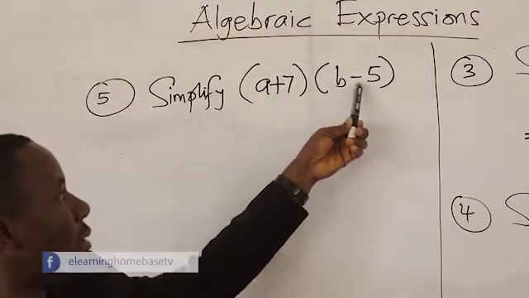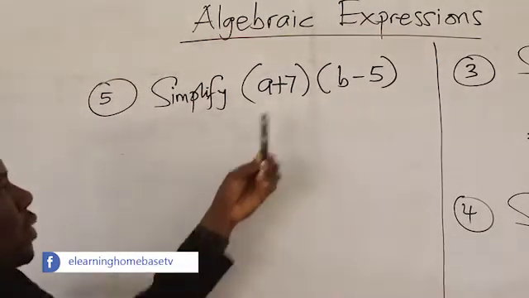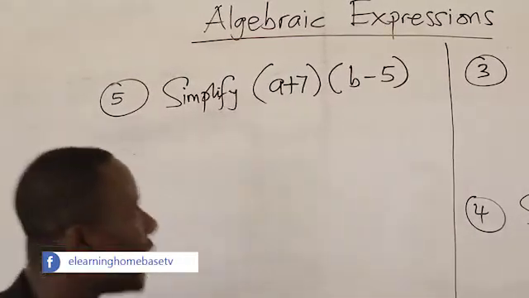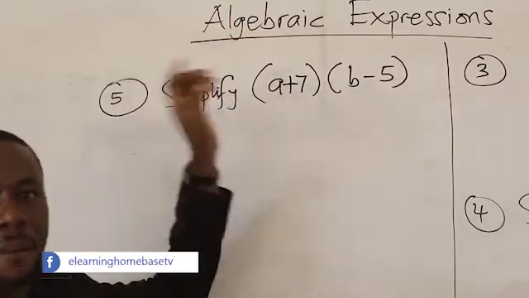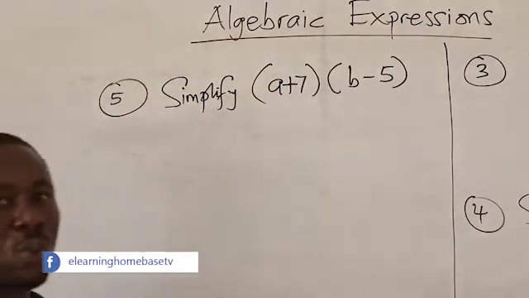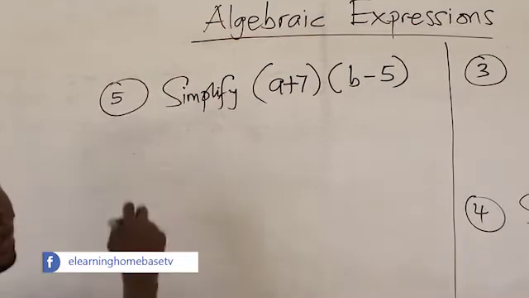You can see that. We have to multiply this. What it means is that each term in the first bracket must multiply the second bracket. So with the same ideology of distribution, we solve.